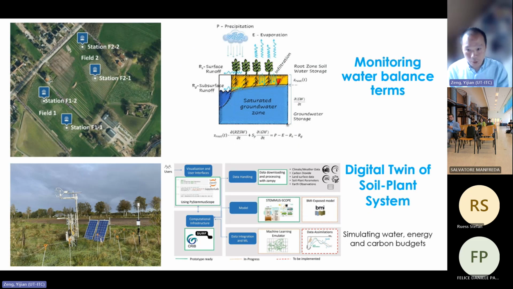This is just a conceptual diagram. In order to understand the drought response of the food forest, we want to monitor the water balance, and at the same time also the energy balance and the fluxes of the food forest. With those data, we also established this so-called soil plant digital twin, based on, for example, a user interface with a Jupyter notebook.